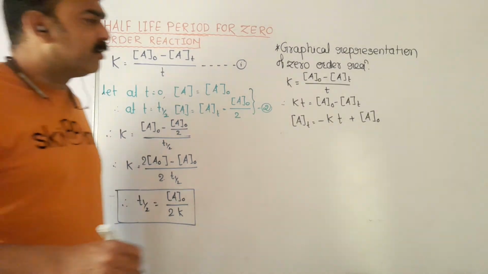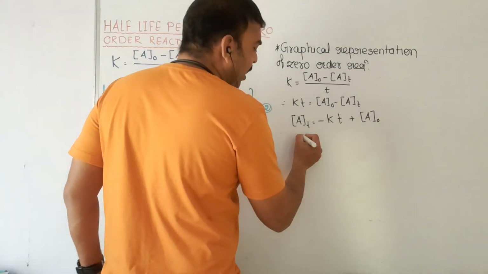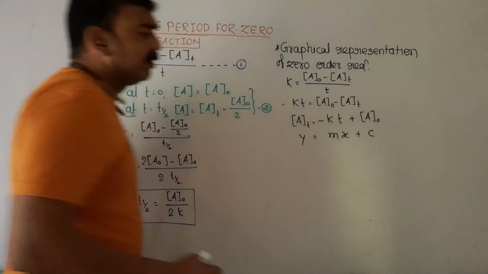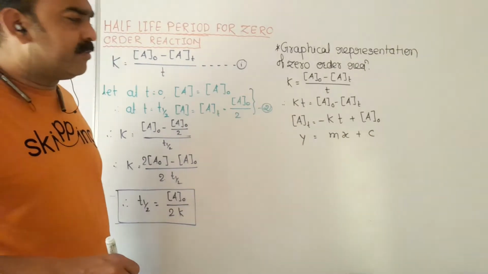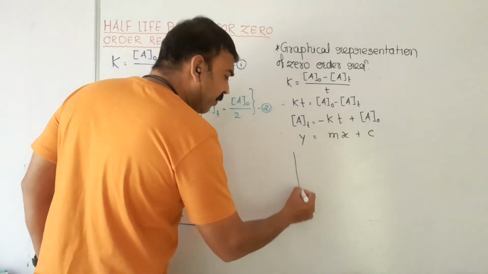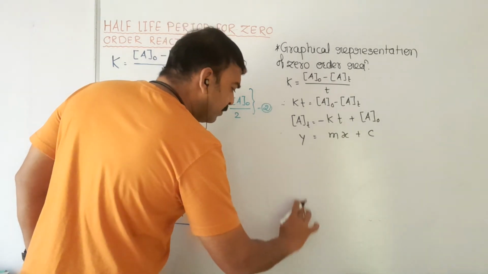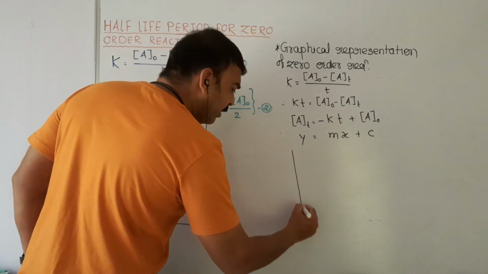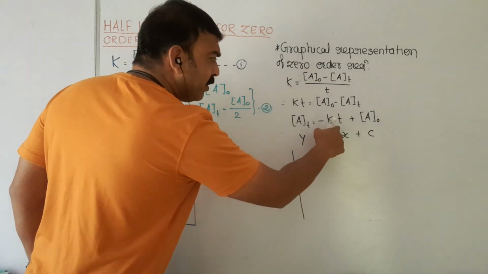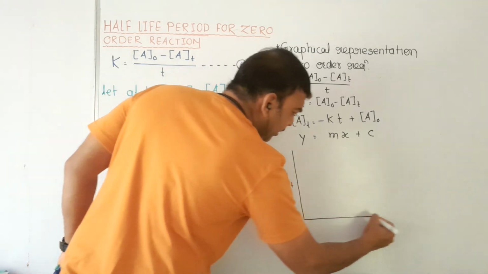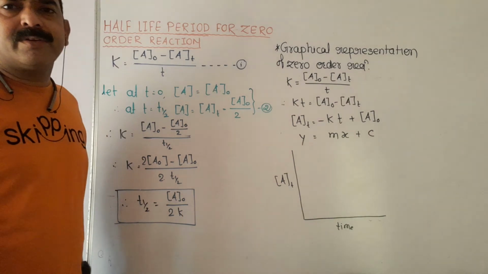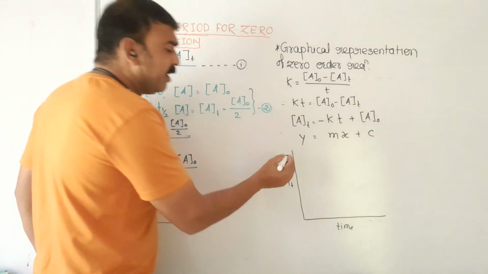This is the expression for a straight line, y equals mx plus c. The c is the y-intercept. So when we plot a graph of concentration of reactant at various time intervals, At, versus the time t, we get a straight line but with negative slope.